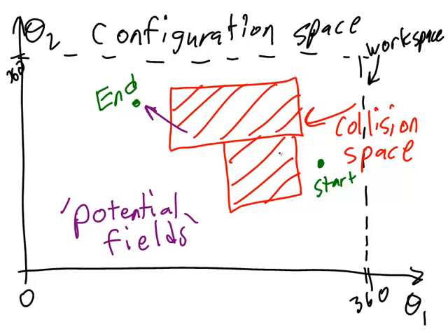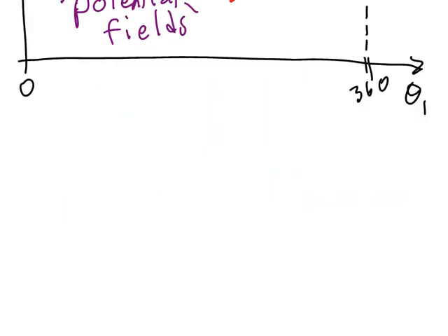And every bit of collision space is going to act as a repulsive force. The strength of the repulsion or the attraction will be a function of the distance between the attracting or repulsing element and the end effector, which we will regard here as being a point in configuration space.